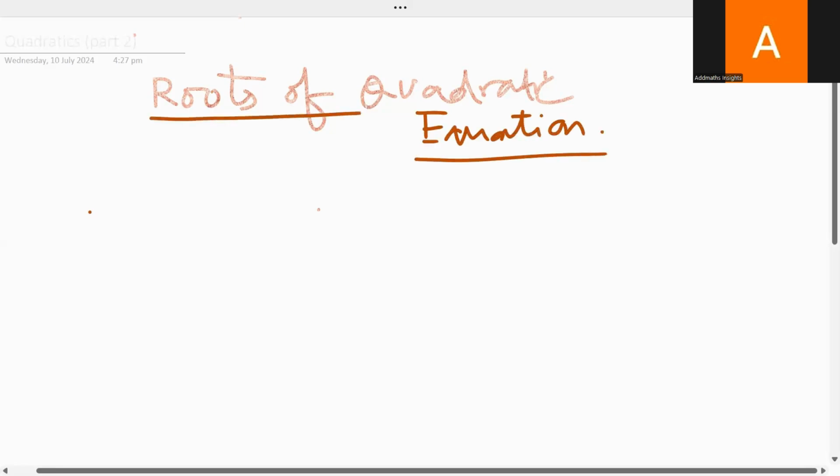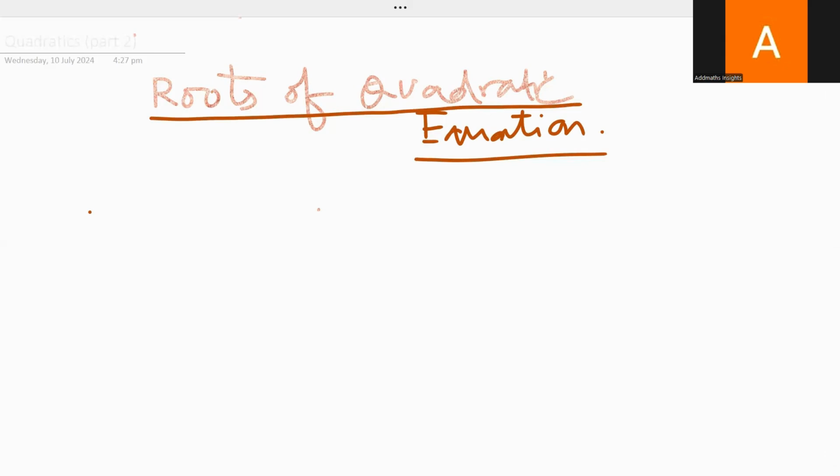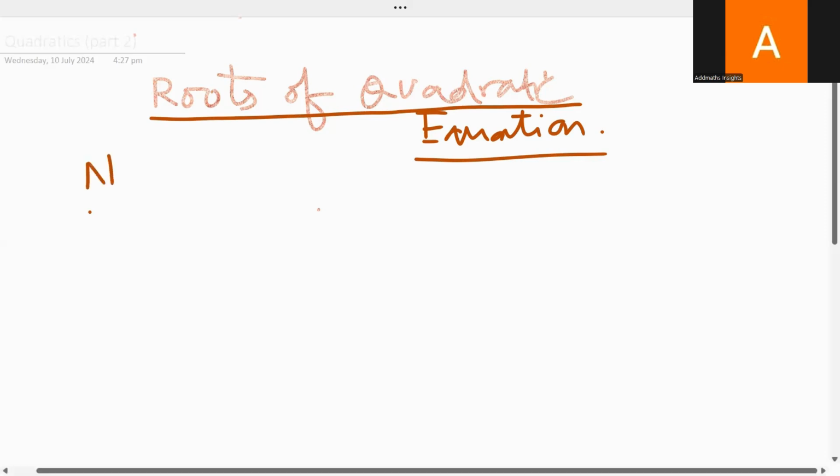Roots mean, when you solve any equation, it may be linear, quadratic, or cubic, the answers you get are called roots of the equation. And nature of root means you have to identify what is meant by nature of root.